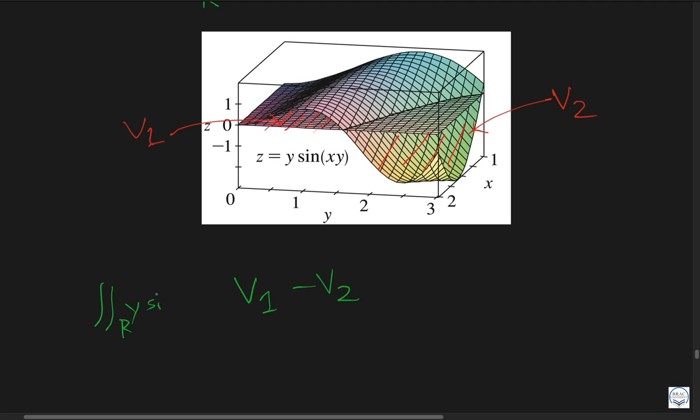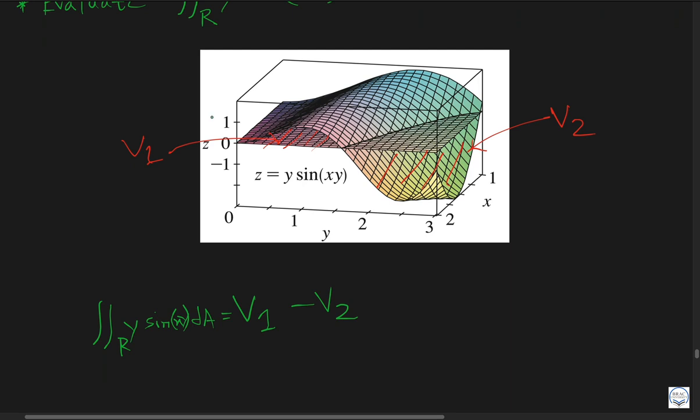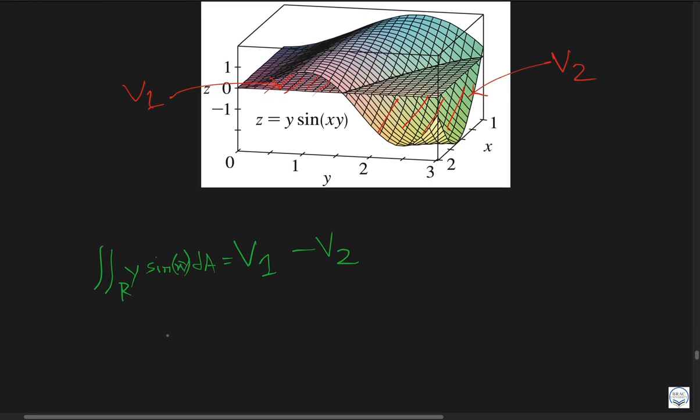So the integral of y sine xy dA is equal to V1 minus V2. So the integration is actually giving us the difference between the volumes, and let's see what the integration gives.